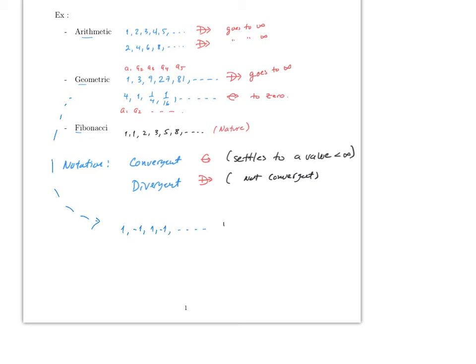So therefore this will be divergent because it doesn't settle to a specific number. Okay. So obviously if it goes to infinity, it's going to be divergent, but if it doesn't settle to a specific number, or if it oscillates between 2 or 3 values, it's also not convergent.